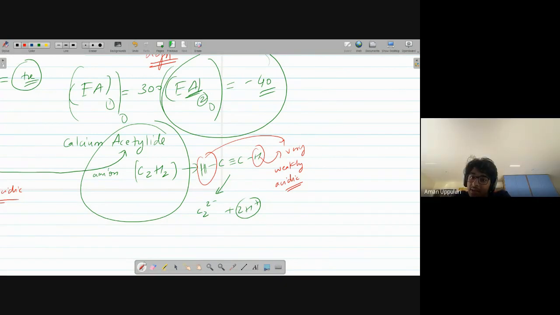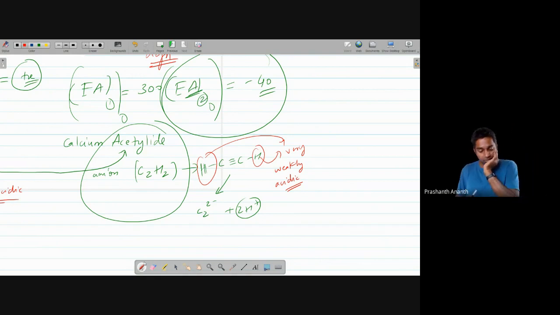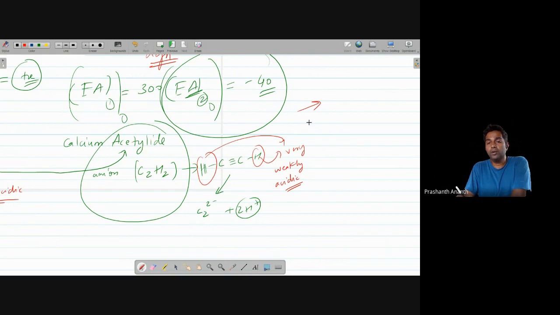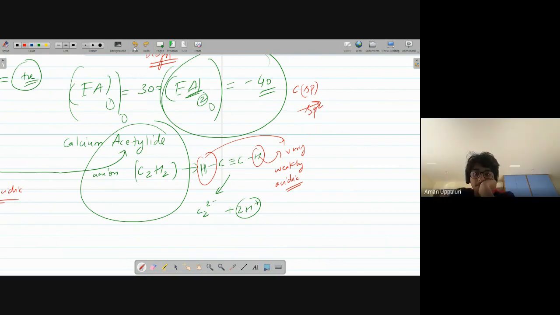Because it can lose the hydrogens right here. Why? Why is it that this guy can lose the hydrogen more easily than the others? When I say lose the hydrogen, it is willing to lose it. Why? Because the carbon, when it is in sp hybridization compared to sp2 and sp3, what is the difference?